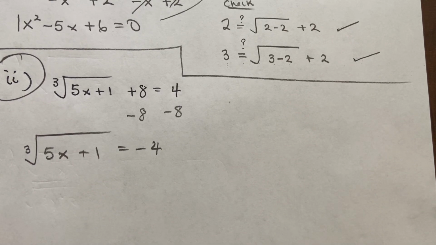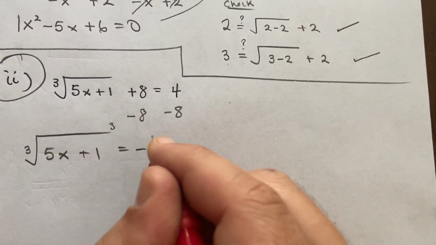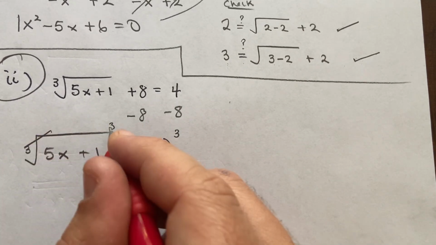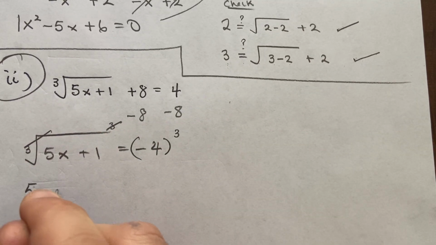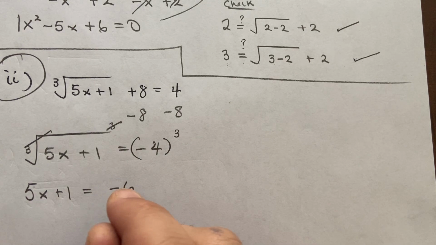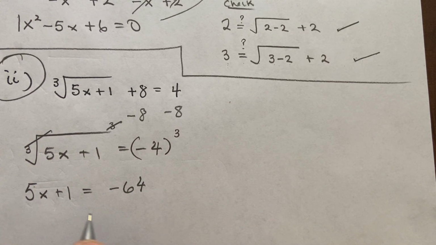And since this is a cube root this time, I'm now going to cube both sides. So this cancellation will occur. I'll have 5x plus 1 equals negative 4 cubed is negative 64. And then solve for x.